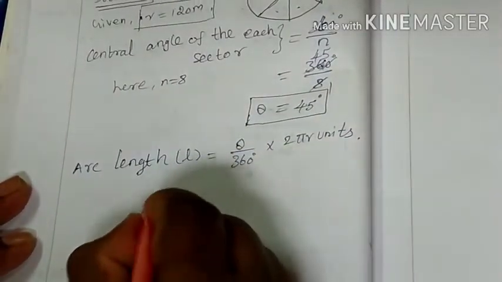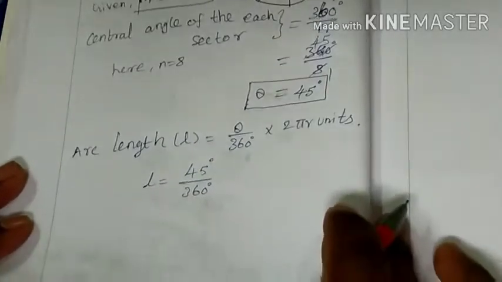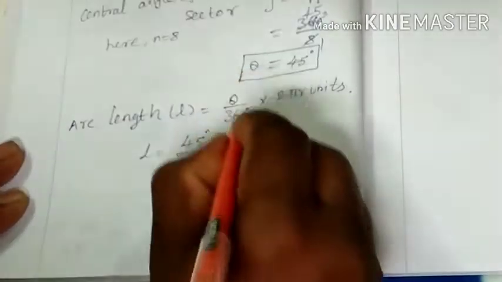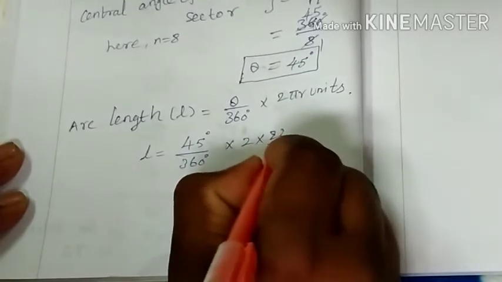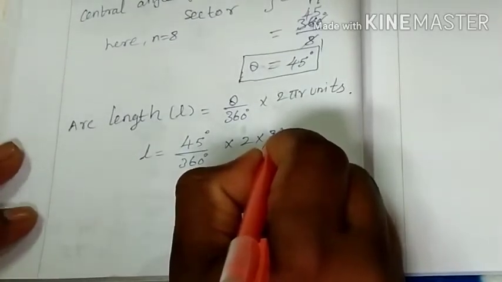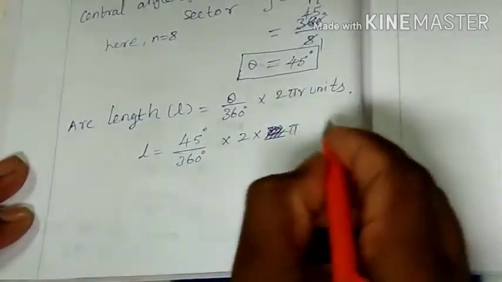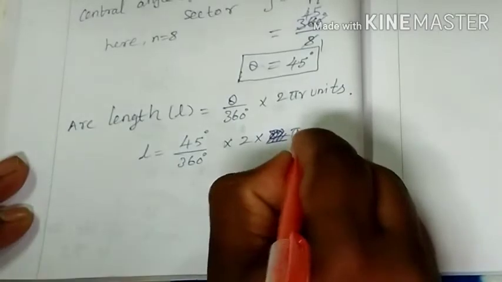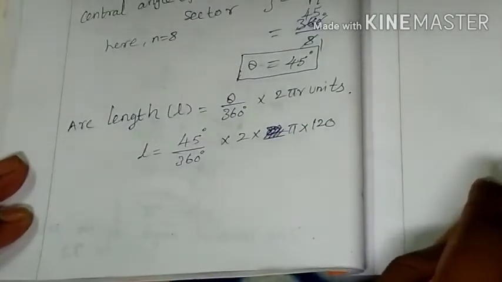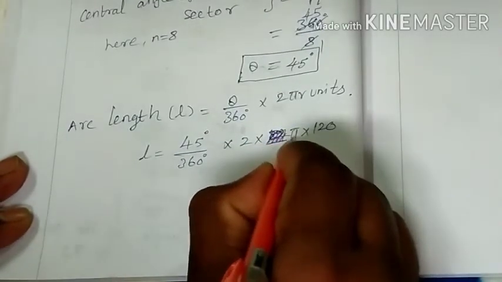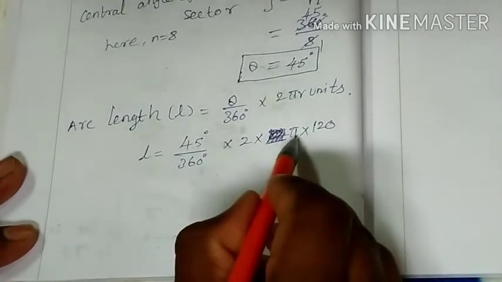So L is equal to theta value 45 degree divided by 360 degree into 2 into pi, r is equal to 120. Pi value is not needed here, because no value is given in the question. Use the pi value only if it is given; otherwise, don't use 22 by 7 or 3.14.